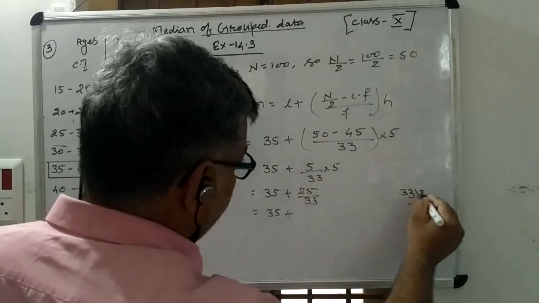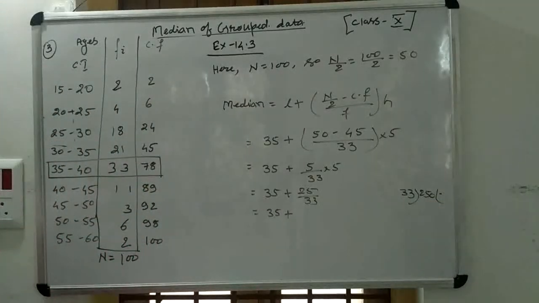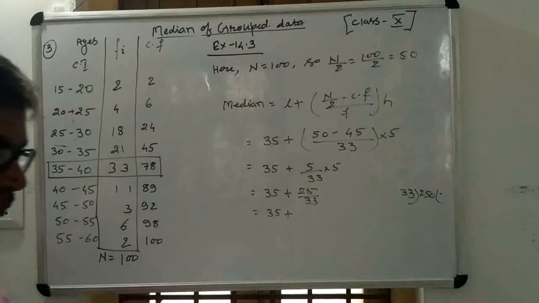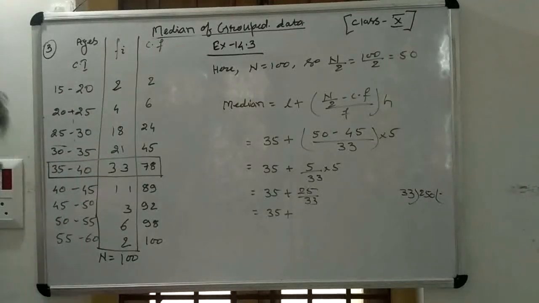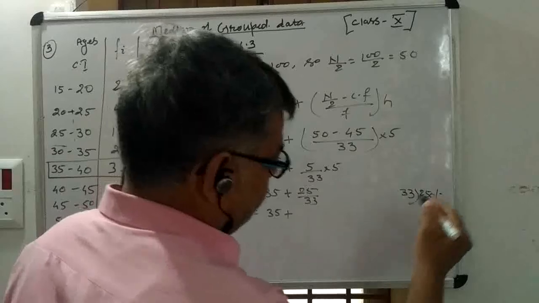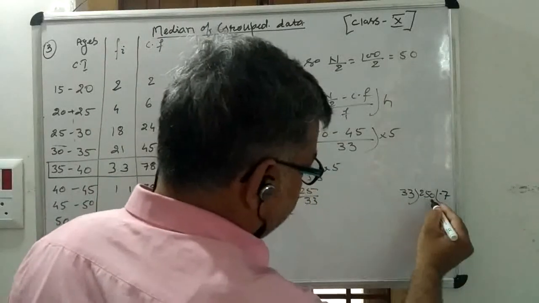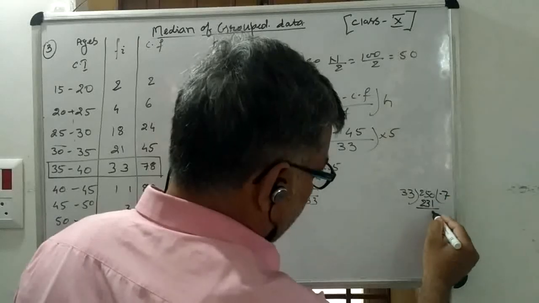33 divided by 25. So put the decimal. 33 fours, 5s, 6s, 7s. I think it will go 7 times.